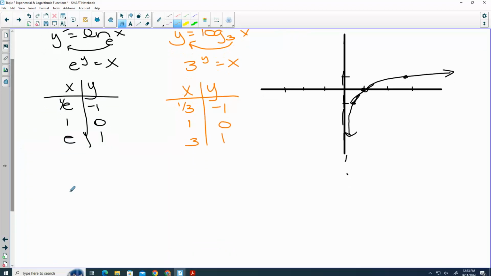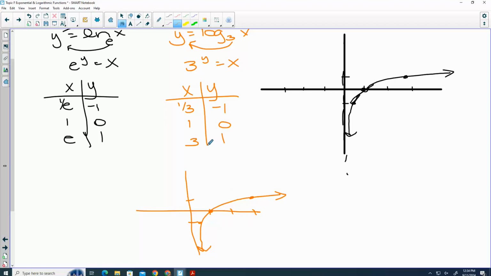So you could graph that. 1/3, 1, 0, 3. So this one still has a vertical asymptote at 0.